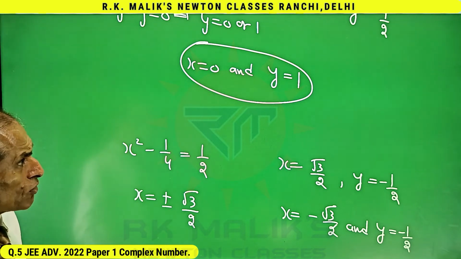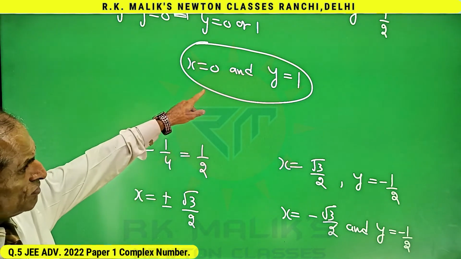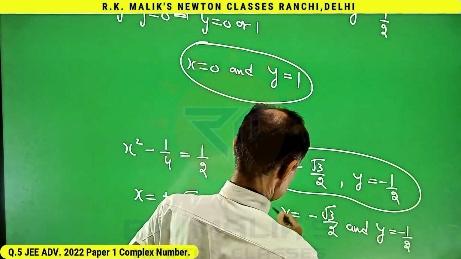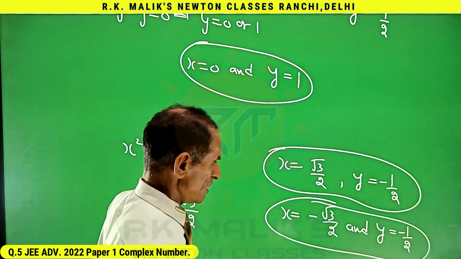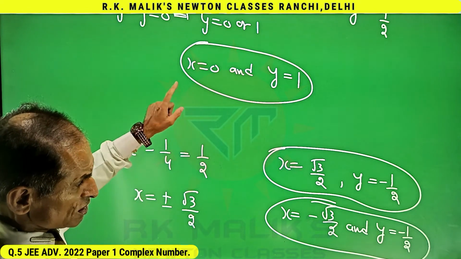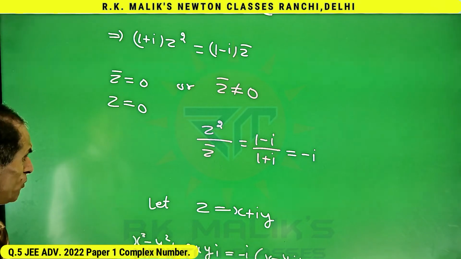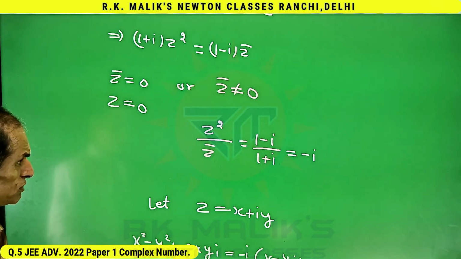Hence, in total we have got four solutions: this, this, this, and one solution which was z equal to 0 we have already found. Hence, in total I can say there are four solutions.